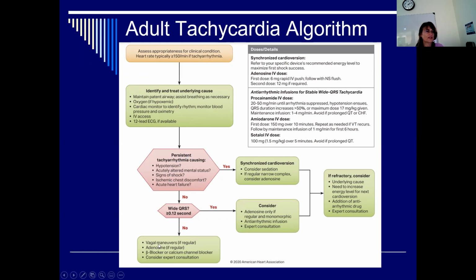And down here, it says vagal maneuvers, adenosine, beta blockers, calcium channel blockers. This is a summary of what we've already had in lecture. I don't need you to add any other information to it. Amiodarone we'll talk about next week.